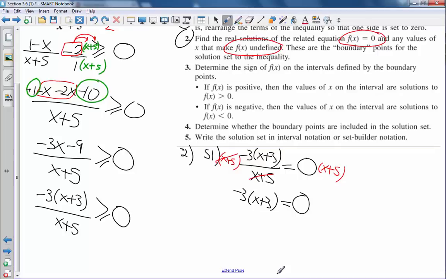Okay? 0. Distribute if you wish. 0. Okay? Next. What is next? Remember, we are solving for x. You need to get x alone. Minus 3 must go. Positive 3 must go. So what do I do next?